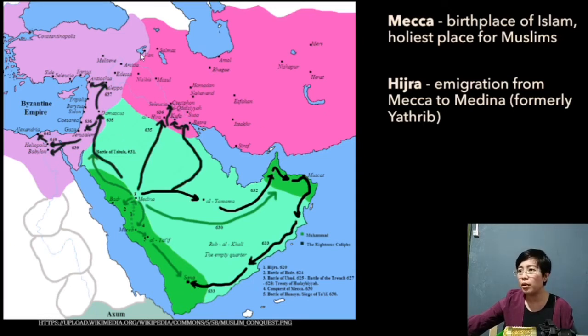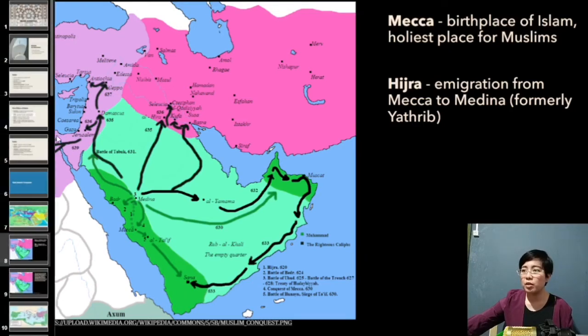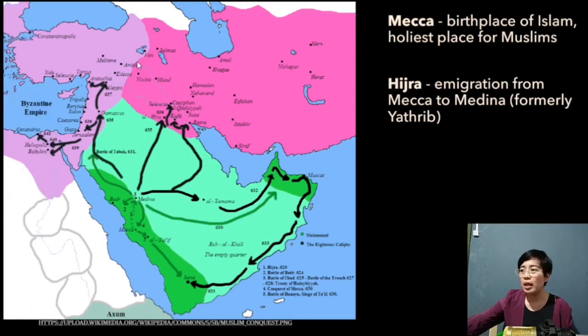Lumabas sila dito, so may existing tayo na Persian Empire to the northeast and the existing Byzantine Empire northwest of the Arabian Peninsula. As of the moment, habang naglalakbay ang kanilang community and yung caliphates, nagsispread out sila, merong existing conflict itong dalawang empires na ito.